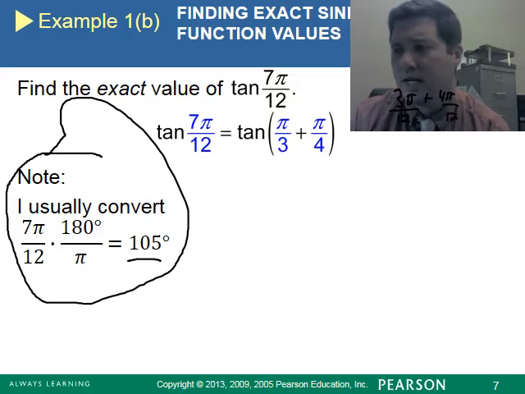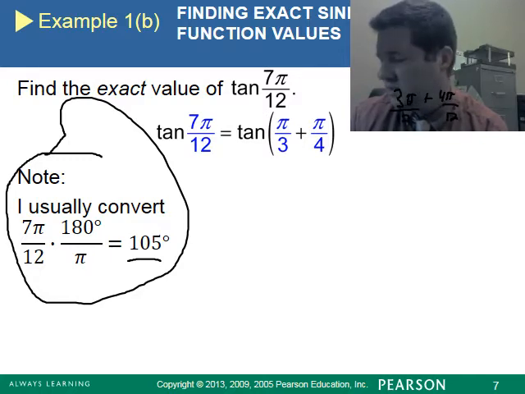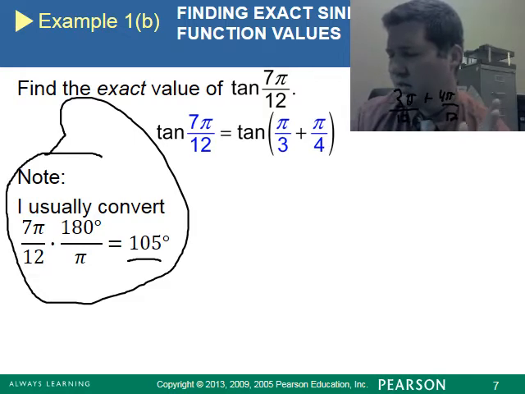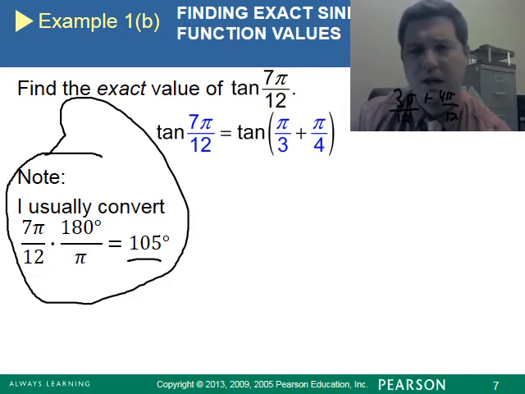Pi over 3, what is this? I want to say 60 degrees. I have to think about this for a second. Yeah, 60 degrees, and pi over 4 would be 45 degrees.